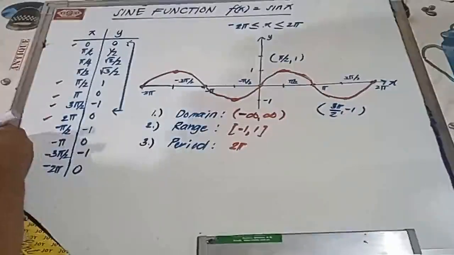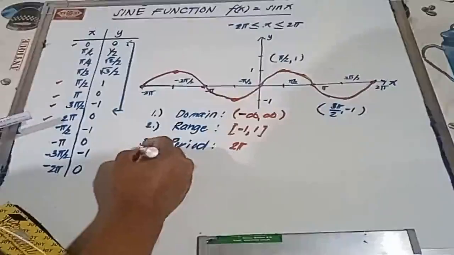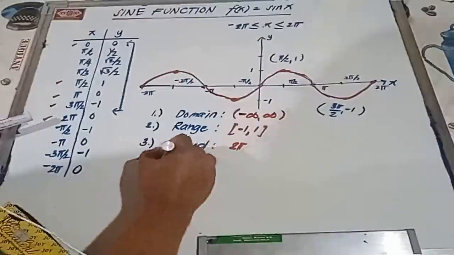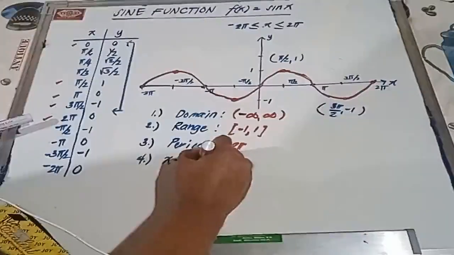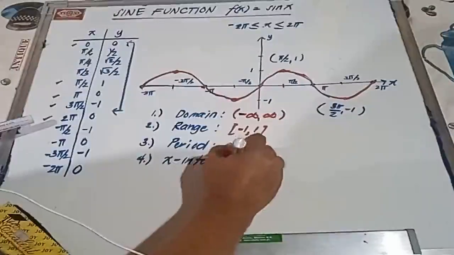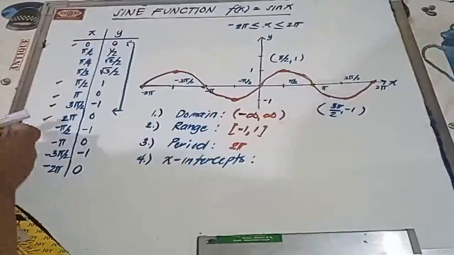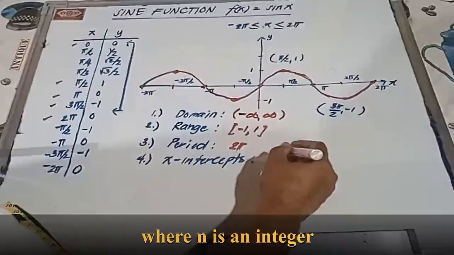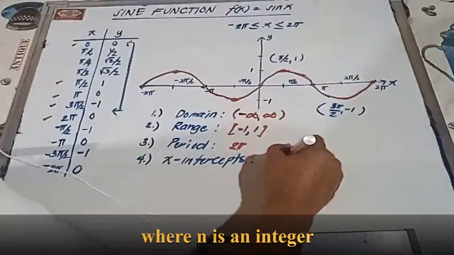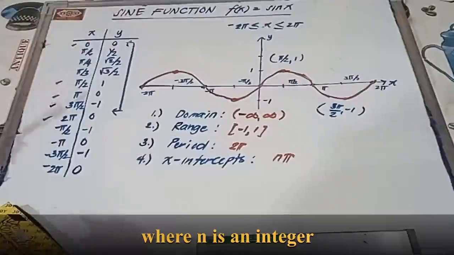What else? Yung x-intercepts niya. Nasa form siya ng n pi, where n is an integer.